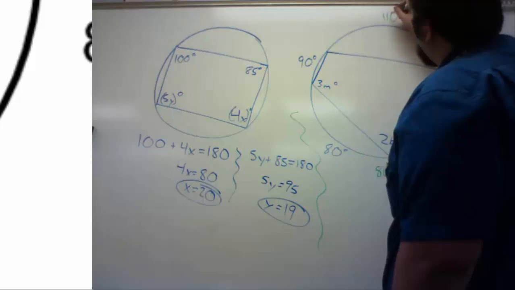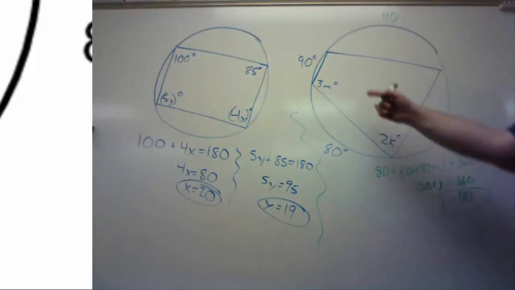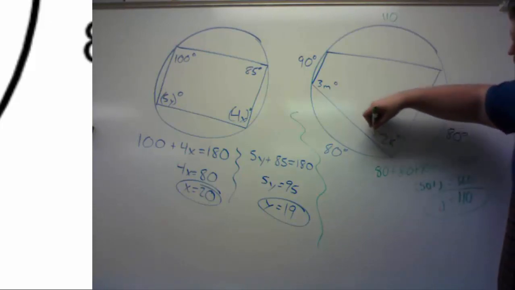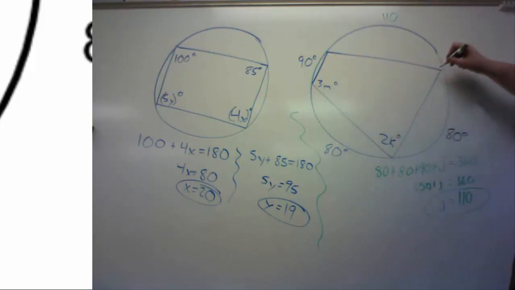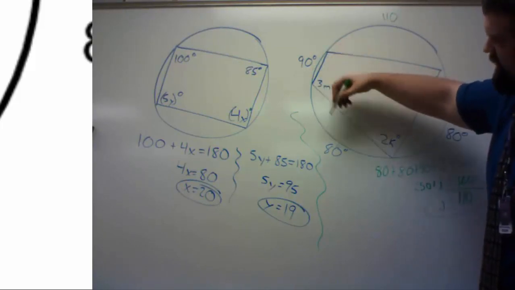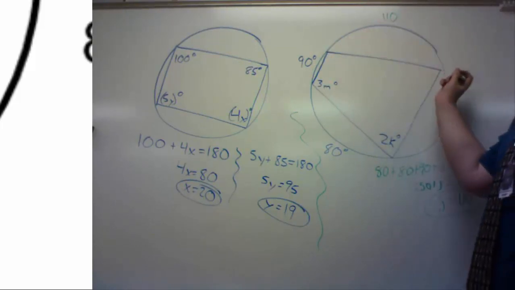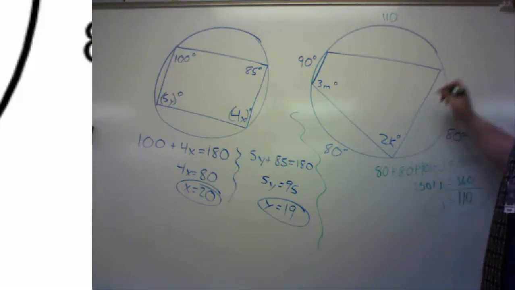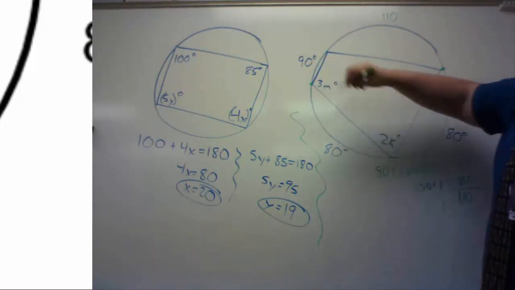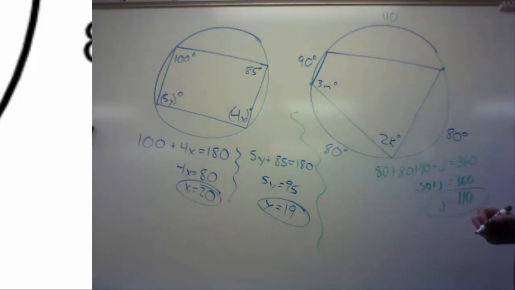110. Now I'm looking for m and k. Well, this angle right here, its intercepted arc is not just 90, and it's not just 110, it's the full length from this point here to this point over here. So it's 200.